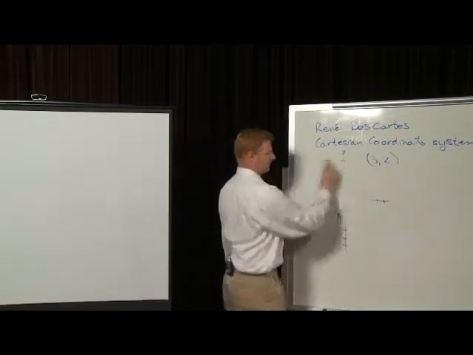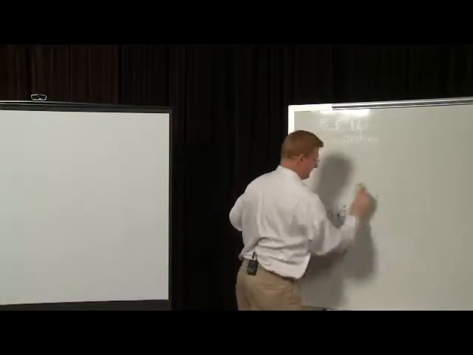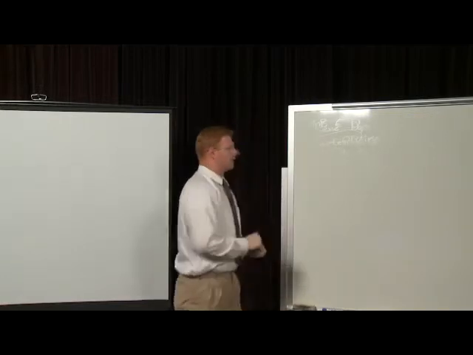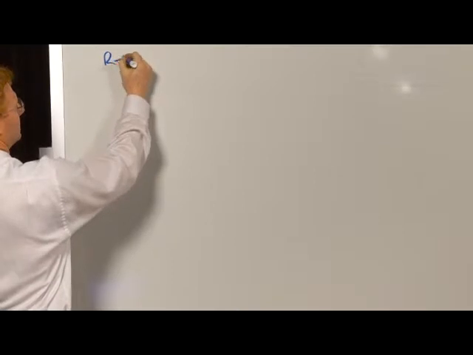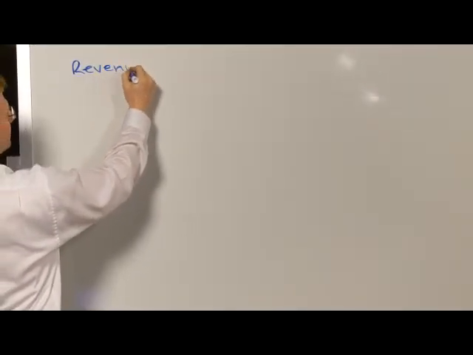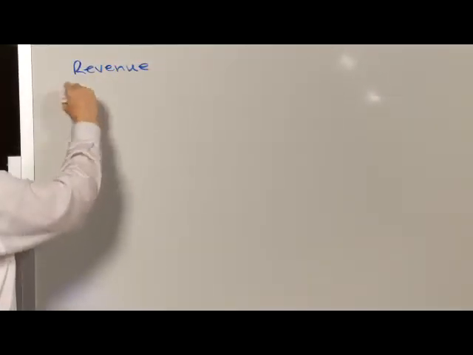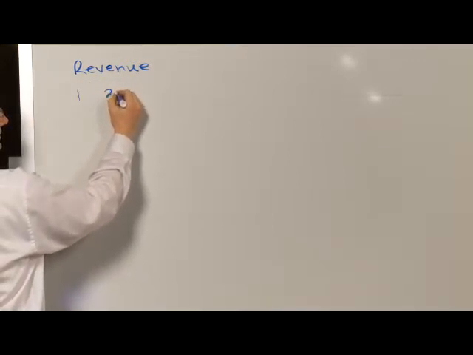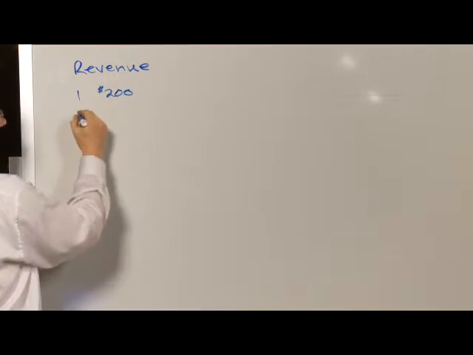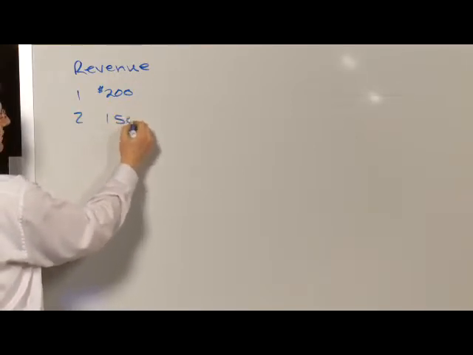So, if we take, let's say, revenue for certain months. So we have revenue, money's coming in. In month 1, we have $200. In month 2, we have $150.